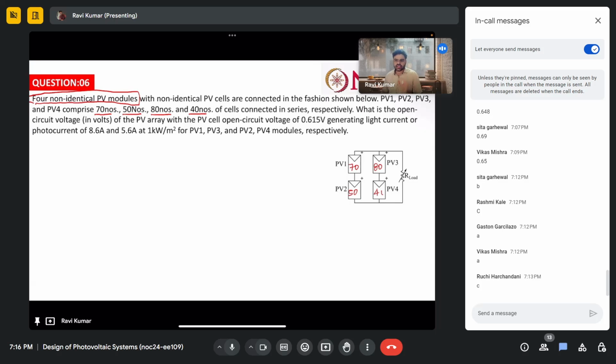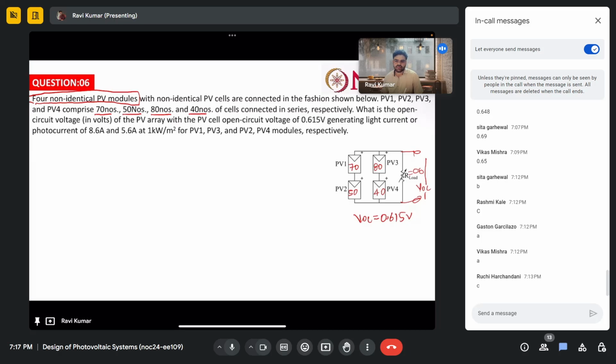What is the open circuit voltage? Means here, if this R is infinite, what is VOC? What is given there? The open circuit voltage of PV cell is given as 0.615 volt, and ISC is different. It means they are non-identical solar cells.